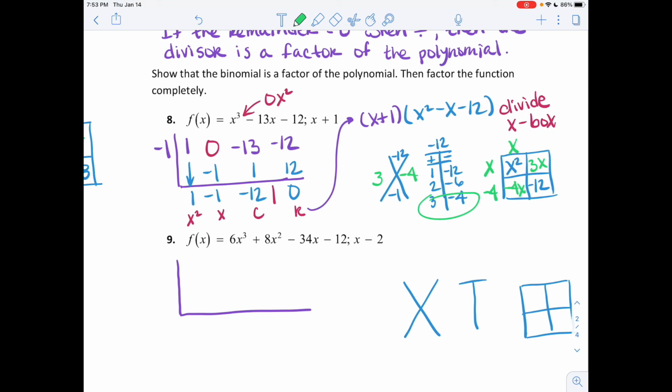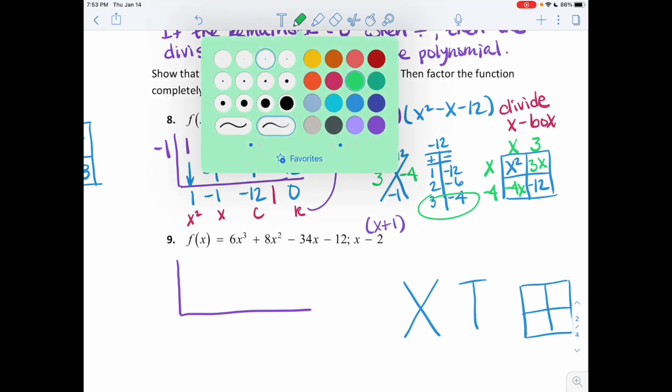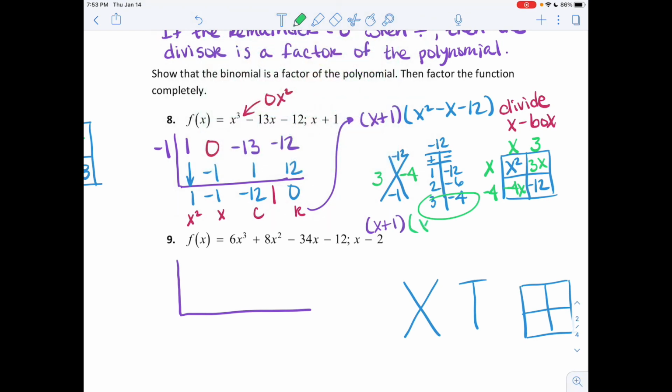Well, that's going to have a 3 in common. So I can write my next line as x plus 1, and then multiplied times x minus 4 and x plus 3. All three of these are linear terms now, so I know that I am done.